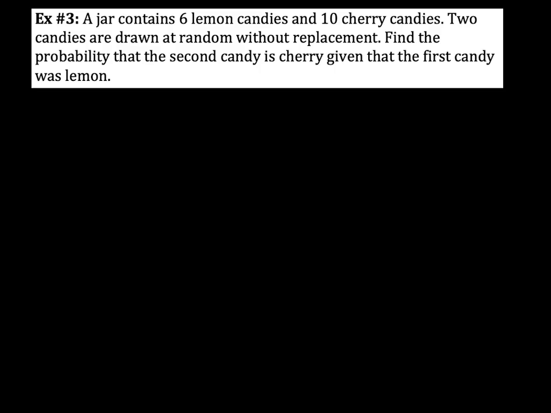What I like to do is draw a picture of what's happening. So here's my jar. It doesn't really look like a jar, but I'm going to do yellow for lemon. So I have 1, 2, 3, 4, 5, the 6 lemon candies and then the 10 cherry candies: 1, 2, 3, 4, 5, 6, 7, 8, 9, 10 cherry candies.